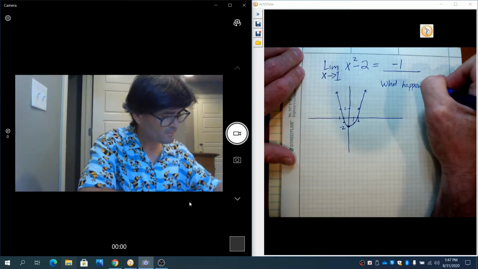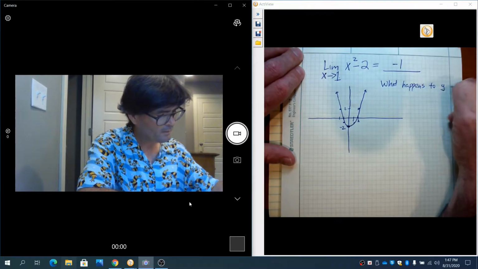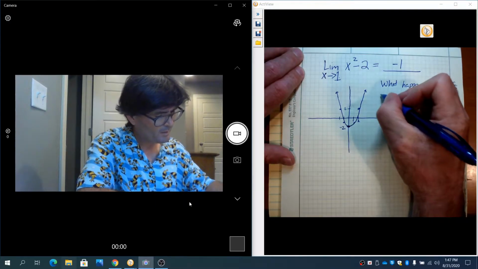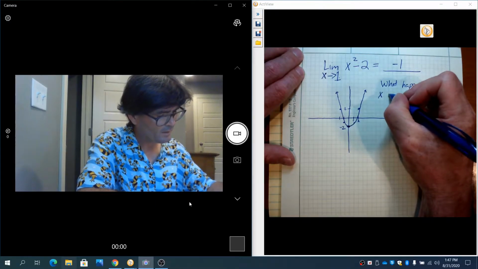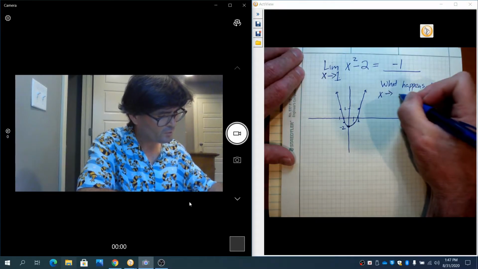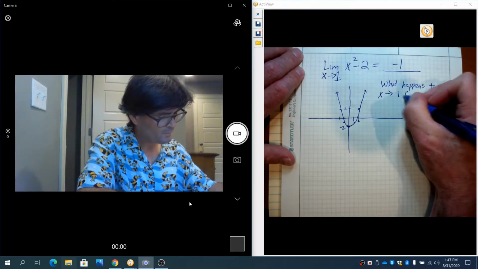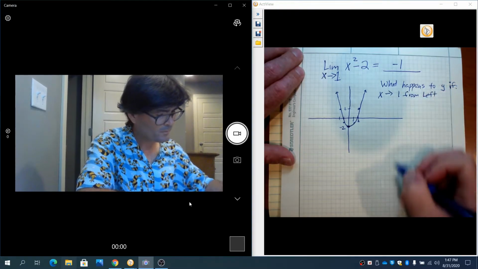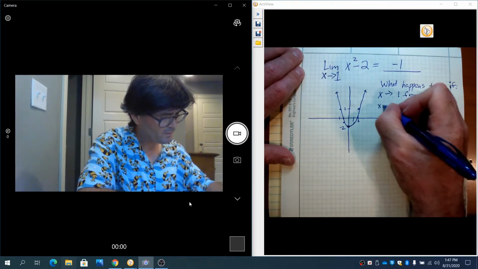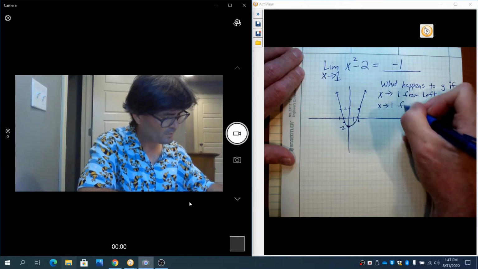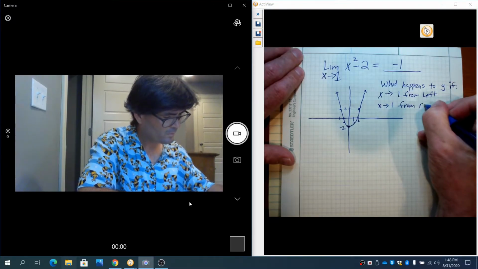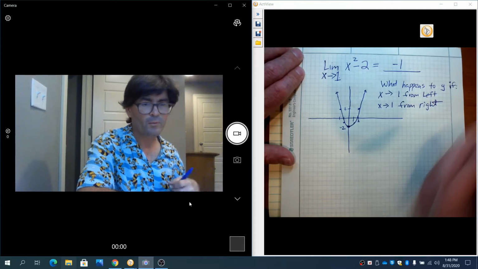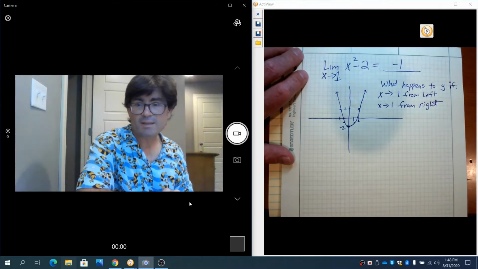What happens to y if x approaches 1 from the left, or x approaches 1 from the right?